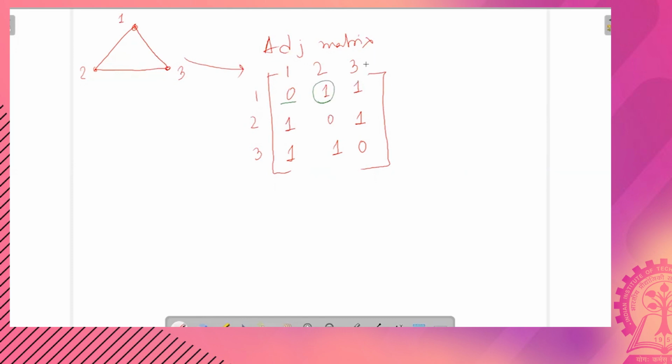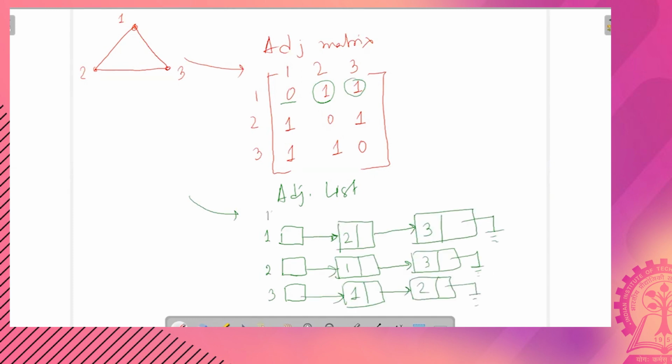There is an edge from node 1 to 3, and therefore this cell is 1, and so on and so forth. So the list representation of the same graph is as follows. This is the head node in each case, and there is this linked list of connected vertices.